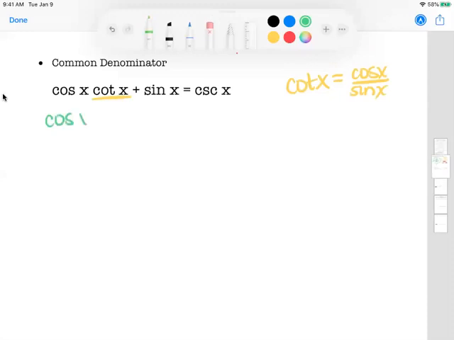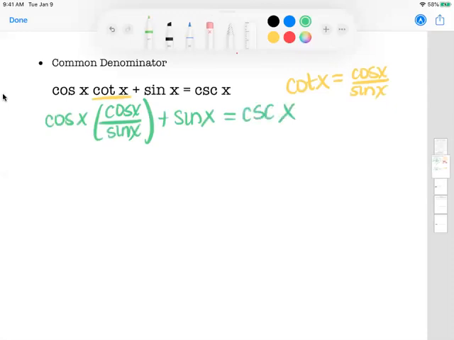So that leaves me with cosine x times cos x over sine x plus sine of x equals cosecant x. Beautiful. Now I have cosine x times that whole fractional component, so I am going to multiply these together.